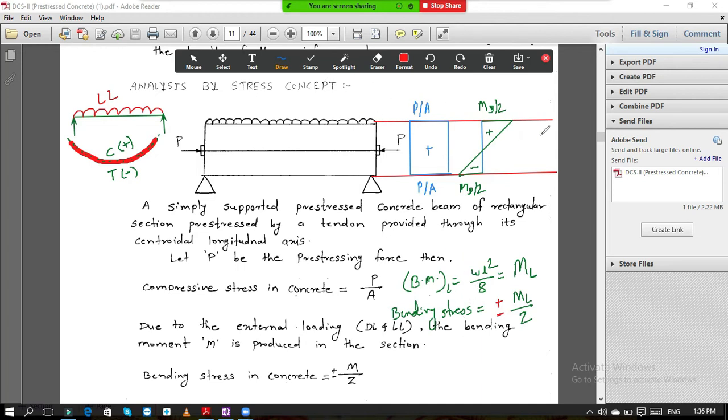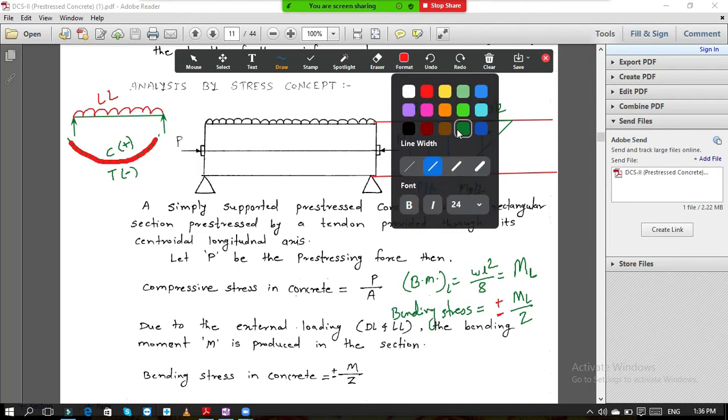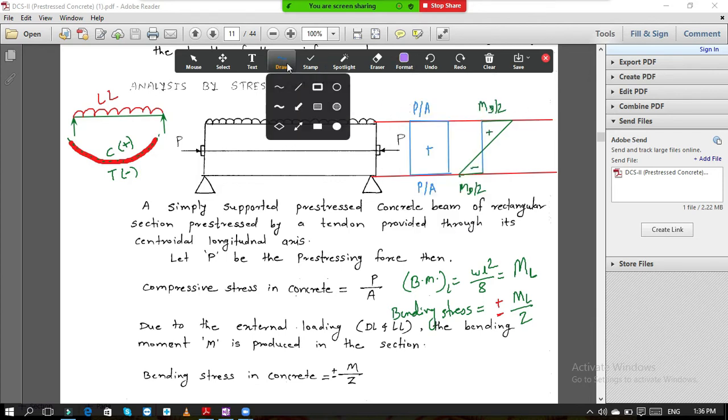Again if I draw the diagram, there is no change in the diagram. At top it is plus, at bottom it is minus. So here it is +ML by Z, and this is -ML by Z.